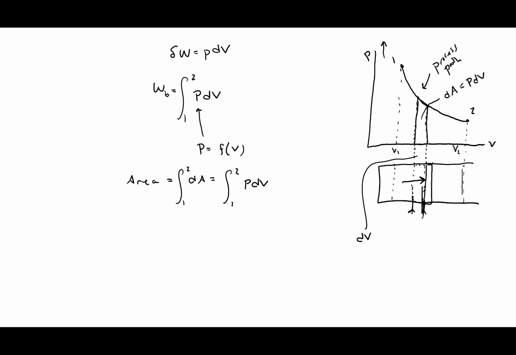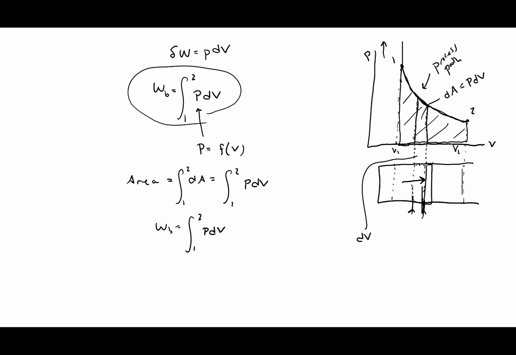We compare this to the boundary work, like this equation that we have up here. The boundary work is equal to, if we go from state 1 to state 2, PdV. So in other words, the area under this process curve, this entire area, is equal to the boundary work.